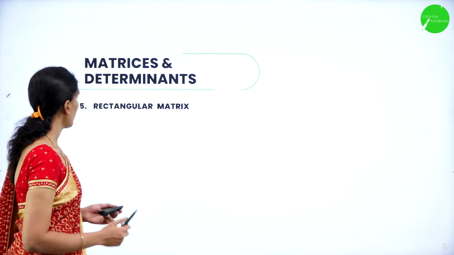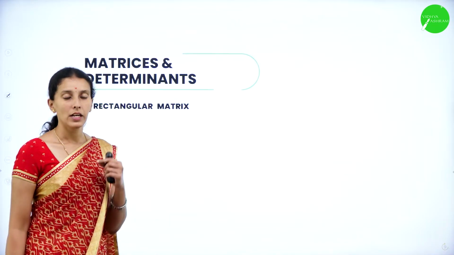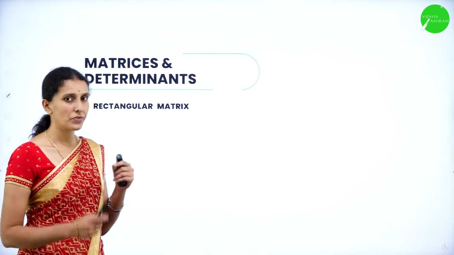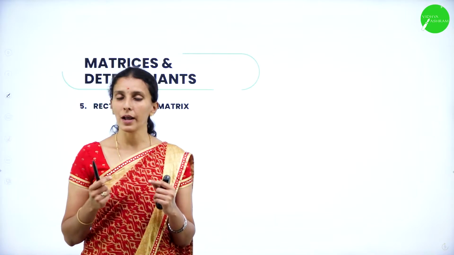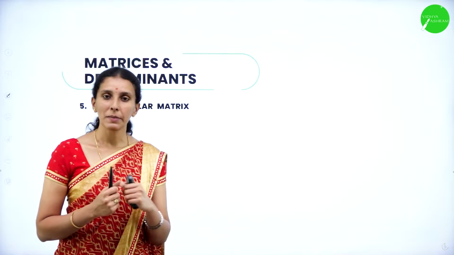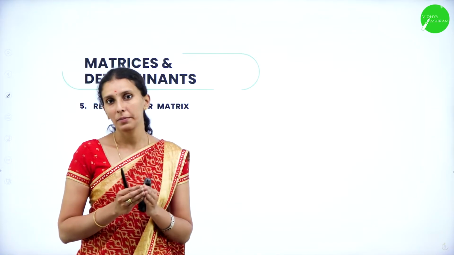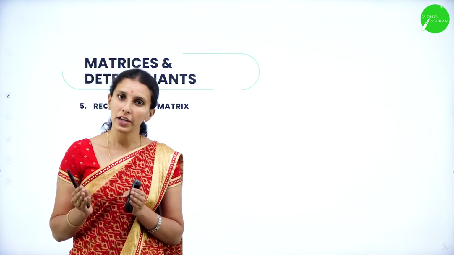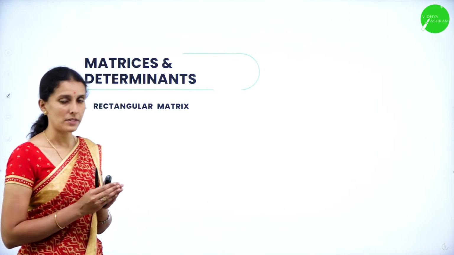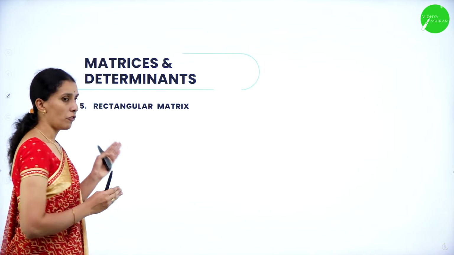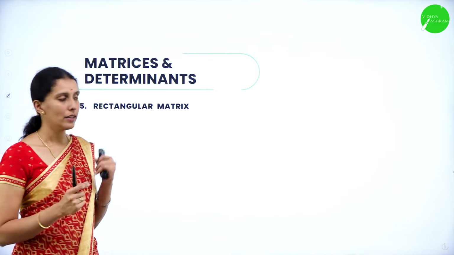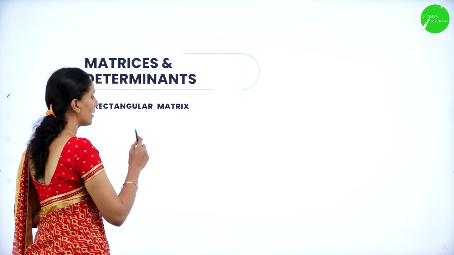Next one, rectangular matrix. A square matrix is a matrix where the number of rows is equal to the number of columns. A rectangular matrix is a matrix which is not a square matrix. That means the number of rows is not equal to the number of columns. They are completely different. For example, we can take a row matrix as also a rectangular matrix.